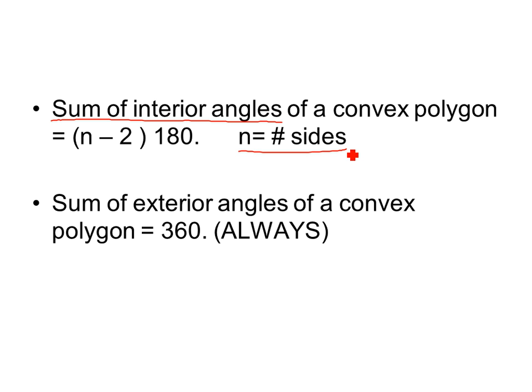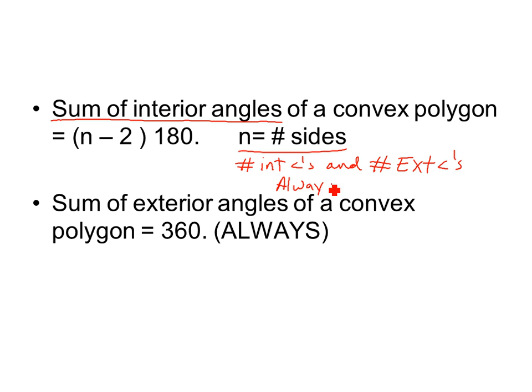Now, n stands for number of sides, and you might think, well, we're finding angles, why are we dealing with sides? Well, the number of sides in a polygon and the number of interior angles and the number of exterior angles are always the same.